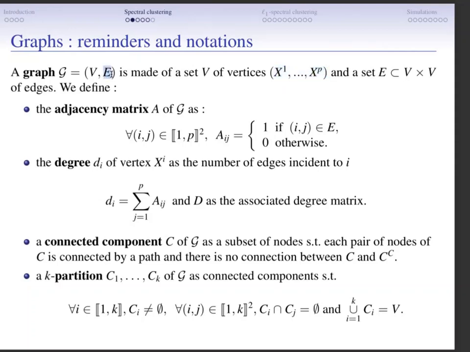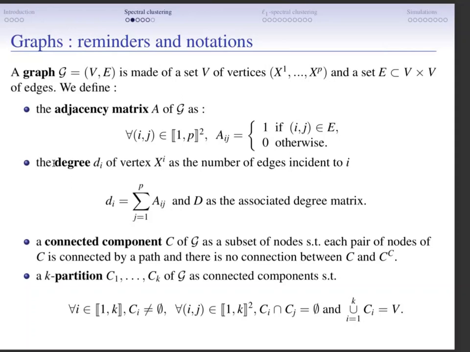And we have a set of edges, which are just pairs of nodes. First, the adjacency matrix. The adjacency matrix is no more than a P times P matrix. It's a binary matrix, so you have a 1 when you have an edge between node i and node j, and 0 otherwise. So it's a 1-0 matrix.